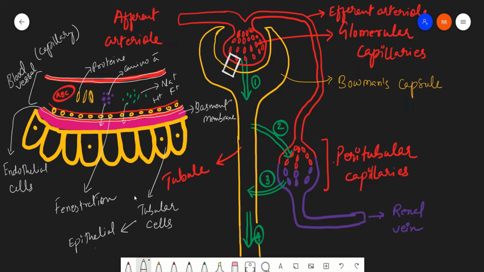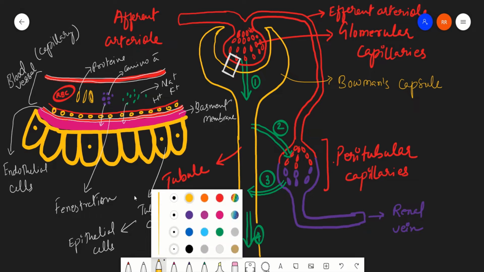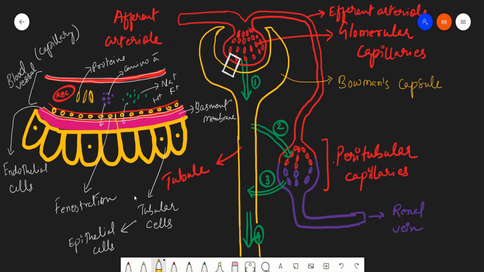And there's another structure in these tubular cells. This structure will hold these blood vessels together. They will have finger-like projections, like this.